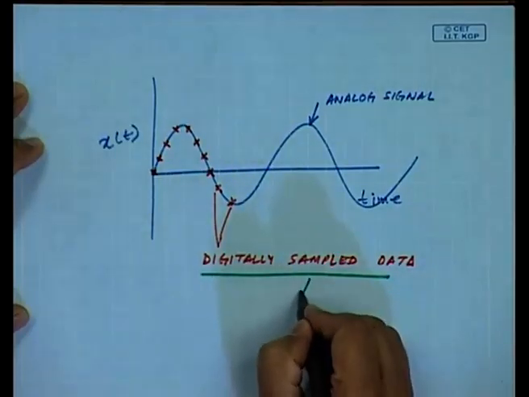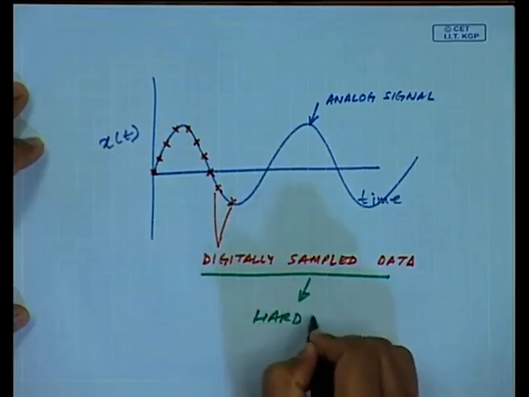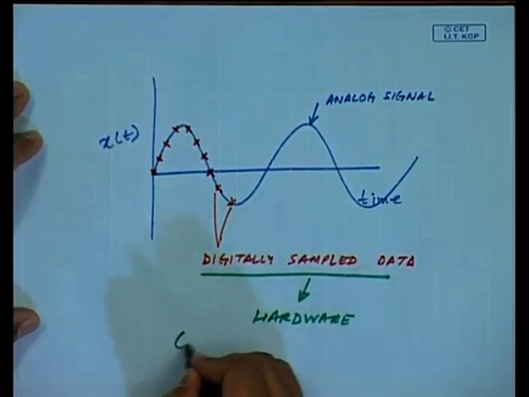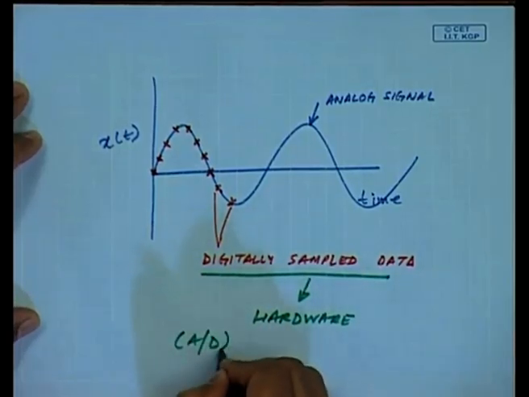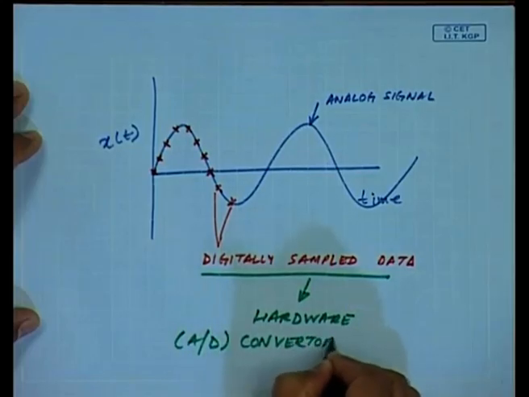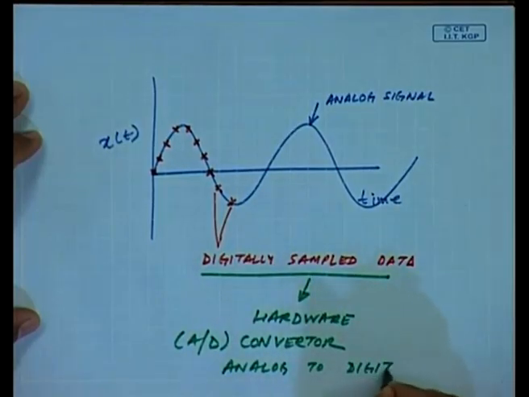This sampling is done by a hardware, which is actually known as an A to D converter, or an analog to digital converter.